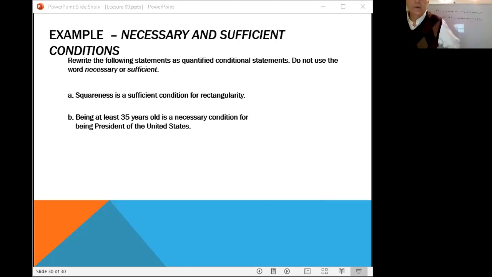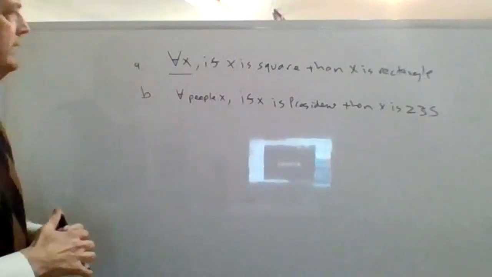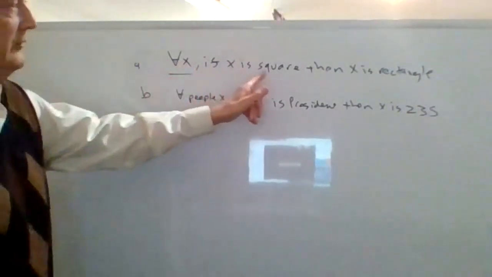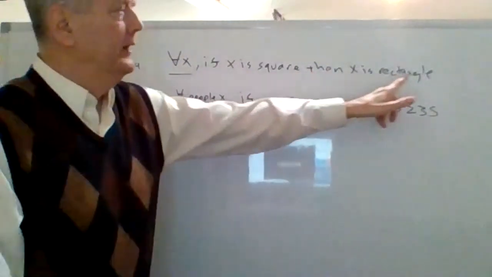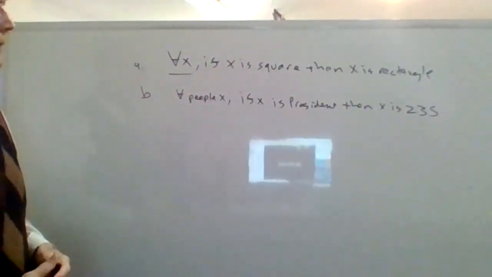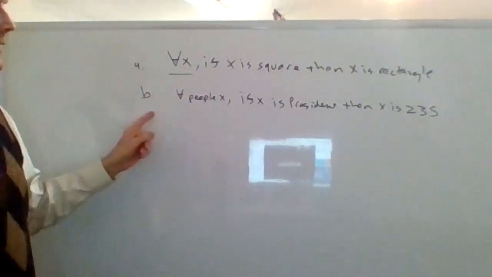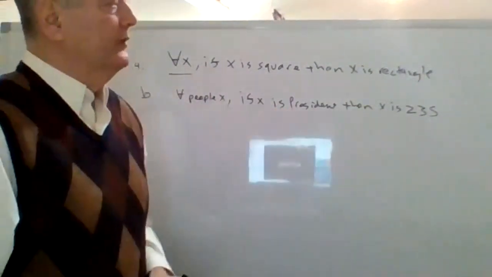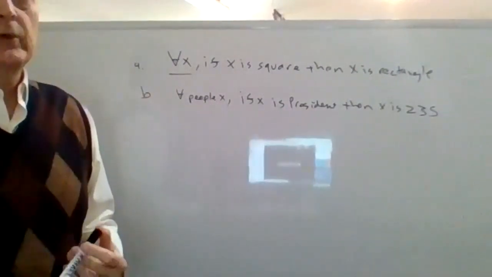And then visually, we can say, again, for A, for all X, if X is a square, then X is a rectangle. And for B, for all people X, if X is president, then X is greater than or equal to 35.